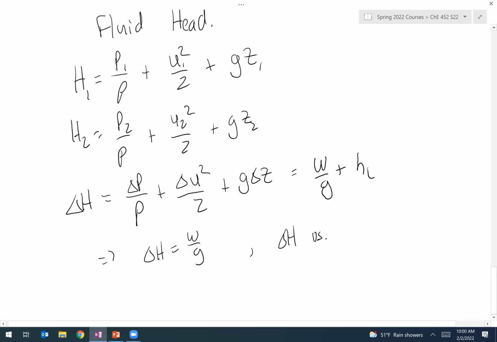We want to know what the energy input is versus our flow rate of interest, right? And that gives rise to pump and system curves. Is everyone following okay? I don't want to confuse anybody.